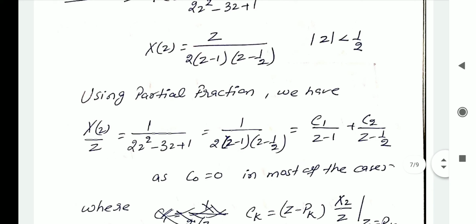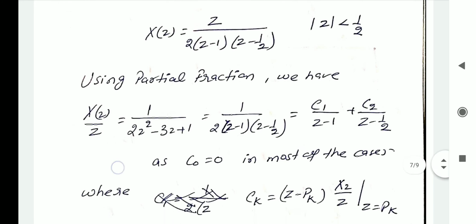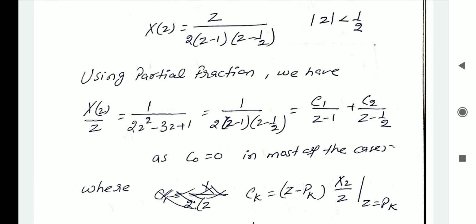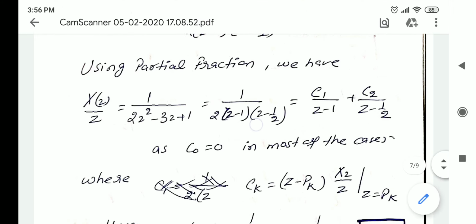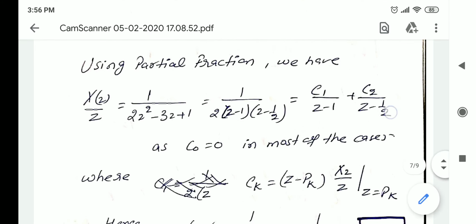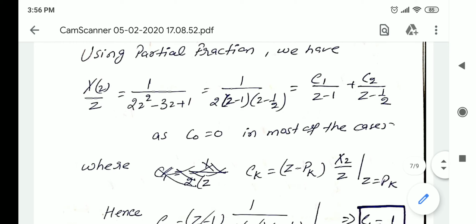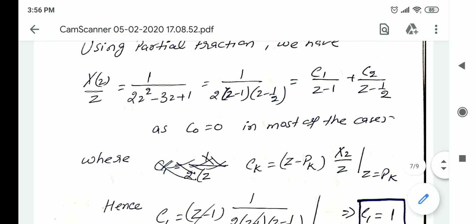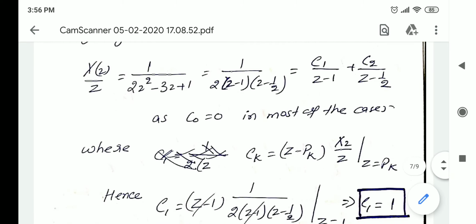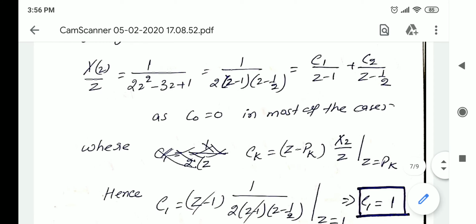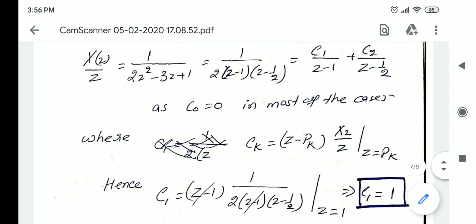So we have already discussed this, we need to write x of z by z, which can be written as 1 by 2 into z minus 1 into z minus 1 by 2, and this can further be written as c1 by z minus 1, since this one is the first factor of z, plus c2 by z minus 1 by 2, the second factor. Now since we are having only these two factors, we have taken only c1 and c2. As c0 is always 0 in most of the cases, we have not mentioned it here.